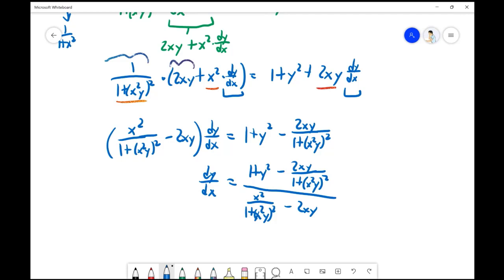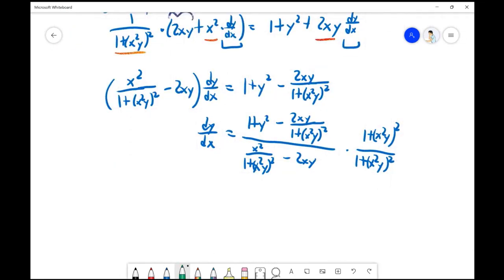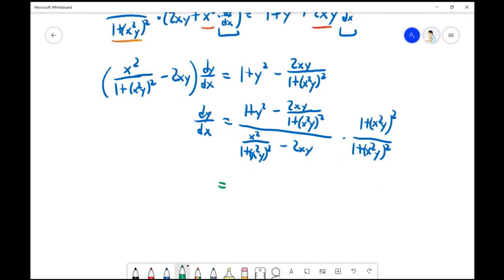Oh, okay. So one thing you could do is multiply by 1 plus x squared y, because having fractions with fractions is really ugly. It looked bad, but it's actually not the worst thing in the world.